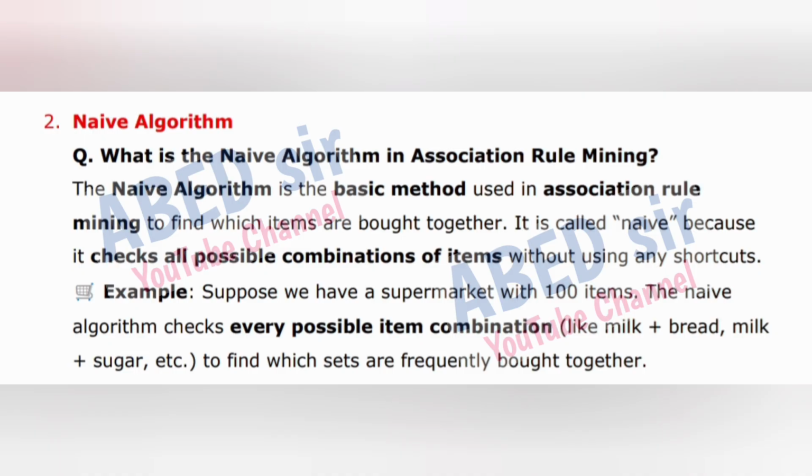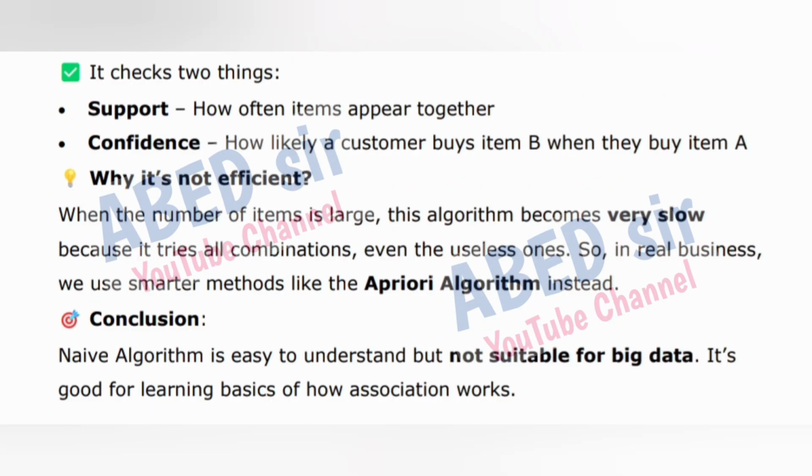are frequently bought together. It checks two things: support, how often items appear together. Confidence, how likely a customer buys item B when they buy item A. Why it's not efficient? When the number of items is large, this algorithm becomes very slow because it tries all combinations, even the useless ones.